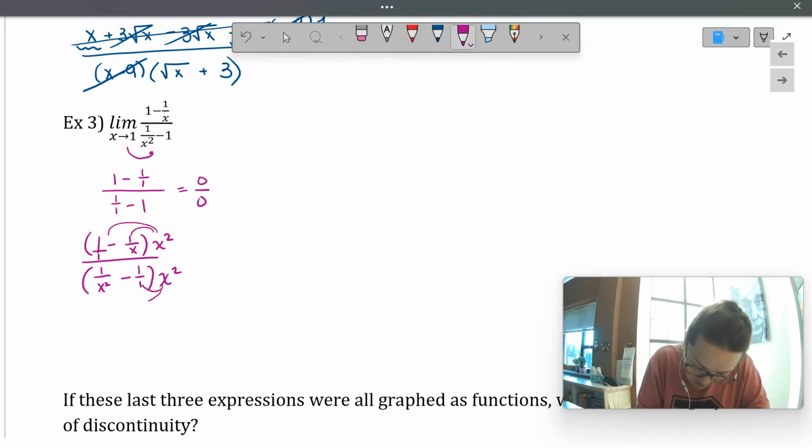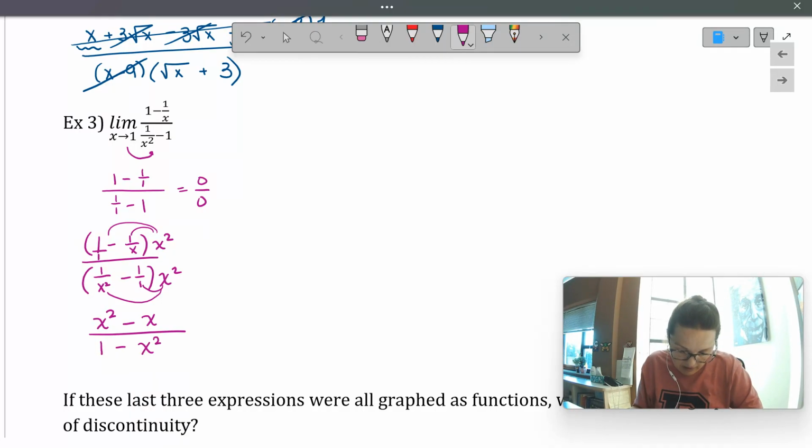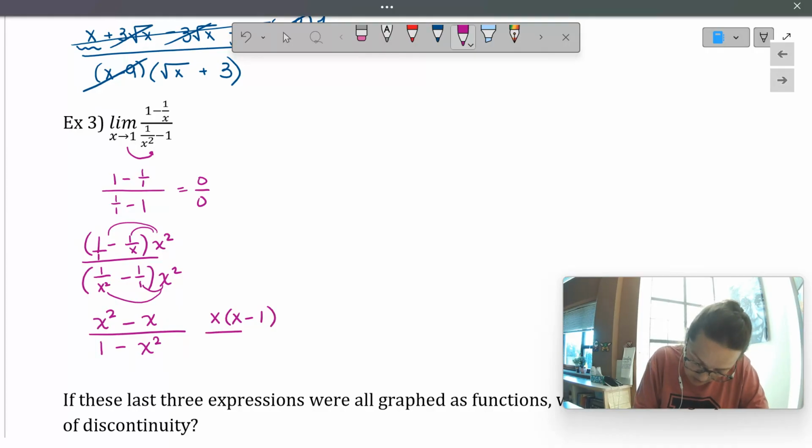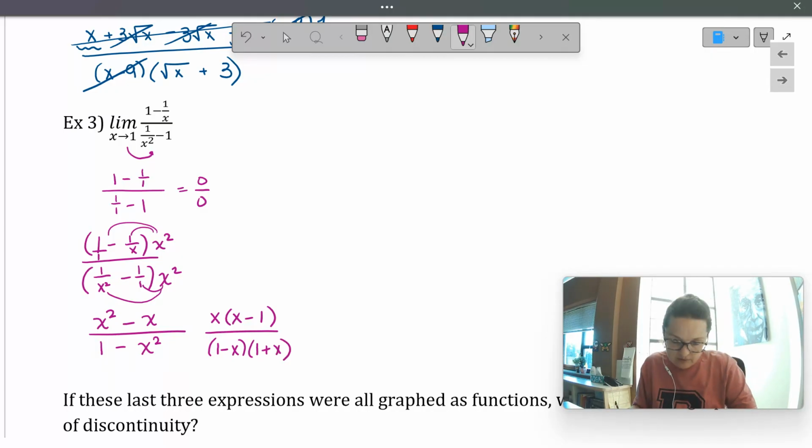And so if I do that, I'm going to have x squared minus 1 over x times x squared, which is just x. And then distribute that x squared, I'm going to have 1 minus x squared on the bottom. That can factor to x times x minus 1, and 1 minus x times 1 plus x. These divide to -1.